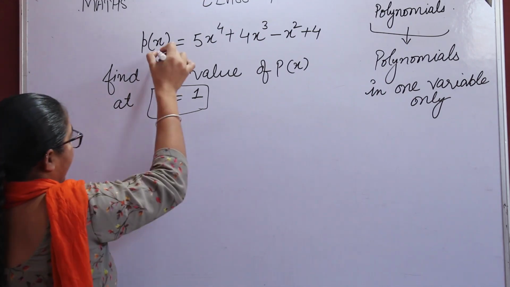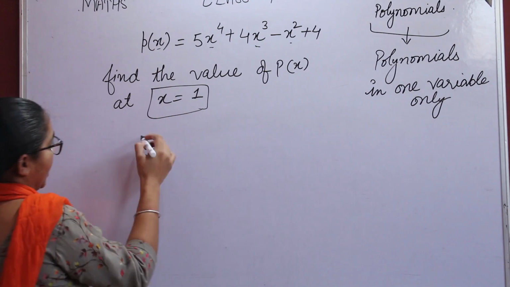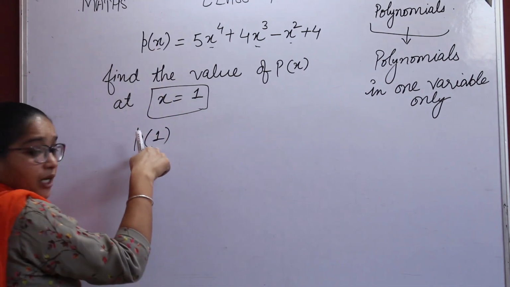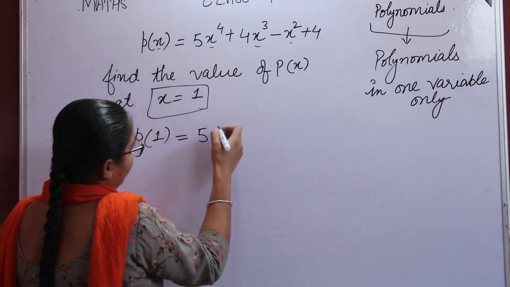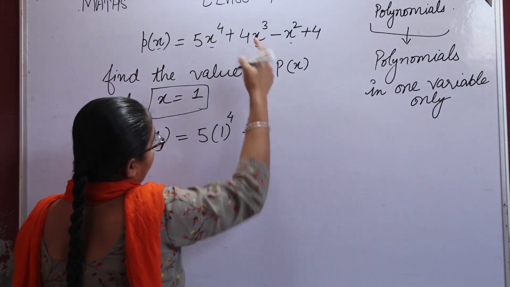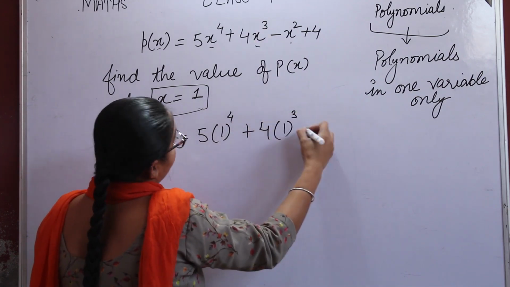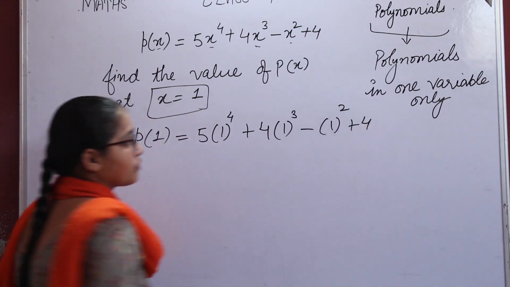Okay, wherever x is written, we will fill the value 1. Got my point? So I am writing here p of 1. On the place of x, I have written 1. Then again 5, on the place of x 1 raised to power 4, plus 4 as it is, then 1 cubed as it is, minus 1 squared plus 4.